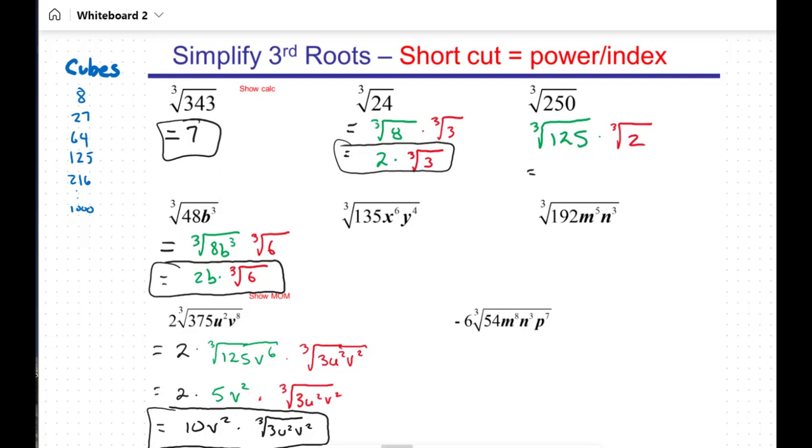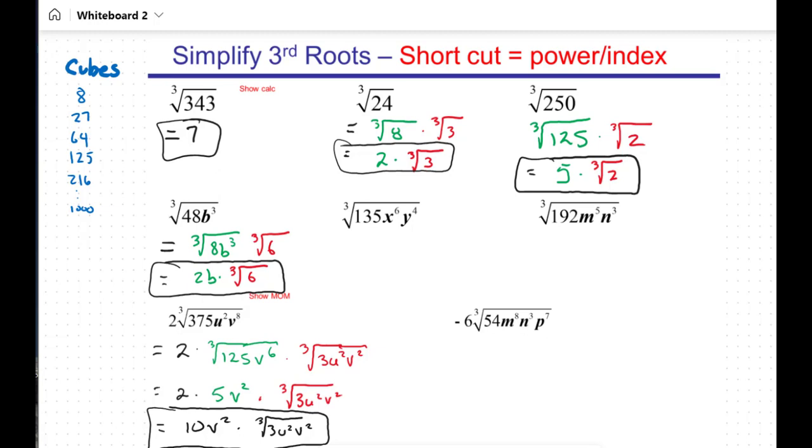And 5 is times the cube root of 2, which we cannot simplify. So that is the simplified answer of the cube root of 250. That giant cube root of 250 simplified down to a small cube root of 2 times the whole number 5.